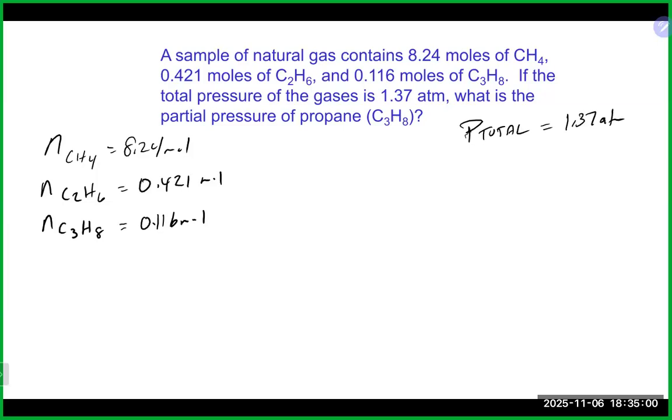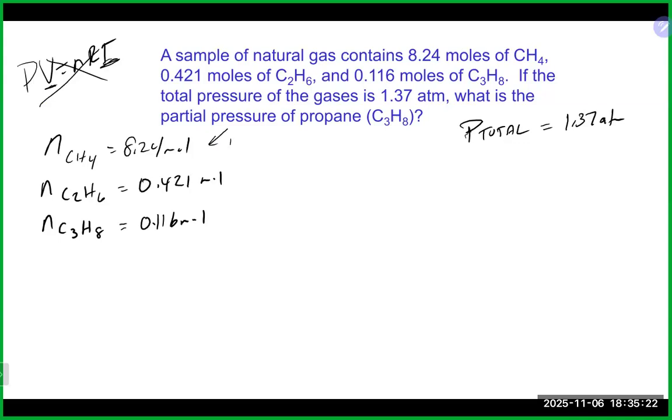So again, if we're thinking about the ideal gas law, P equals nRT, well, we don't really have what we need, so this is not going to be very helpful for us. But what we do have is other information that can be helpful.